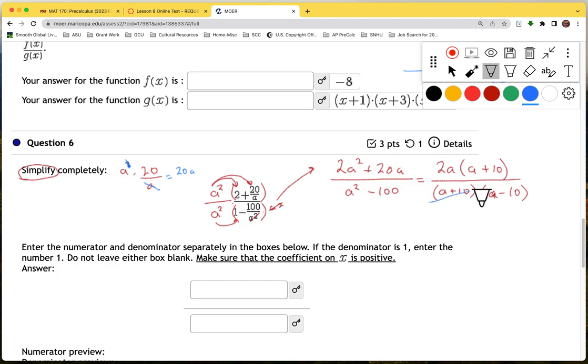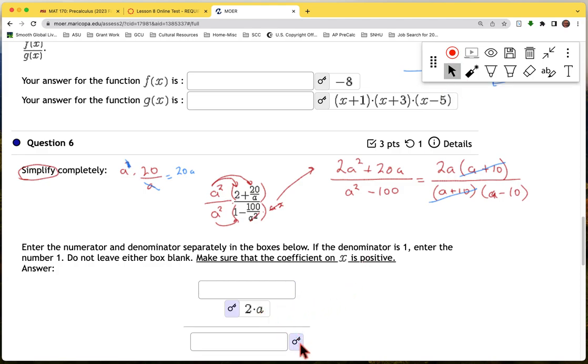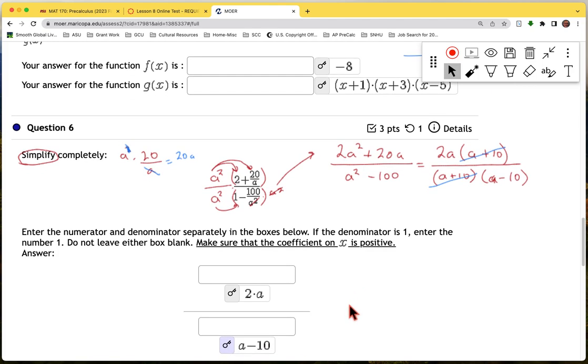One of those factors is down there. And yes, a plus 10 cancels out. It's a factor of 1. So we have 2a over a minus 10. And that should be our answer. So in the numerator, we're left with just 2a. In the denominator, we're left with a minus 10. Perfect. We got it.